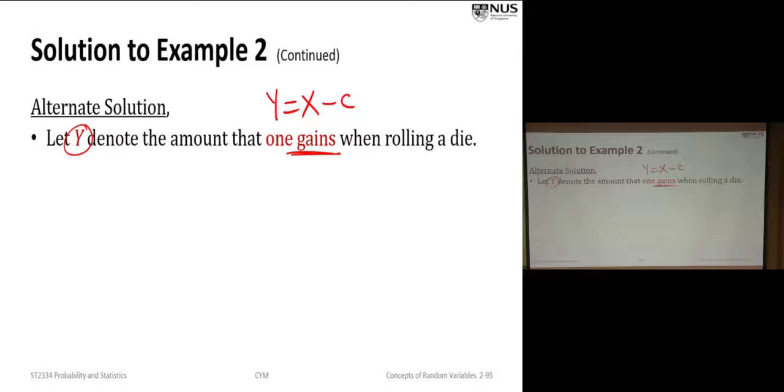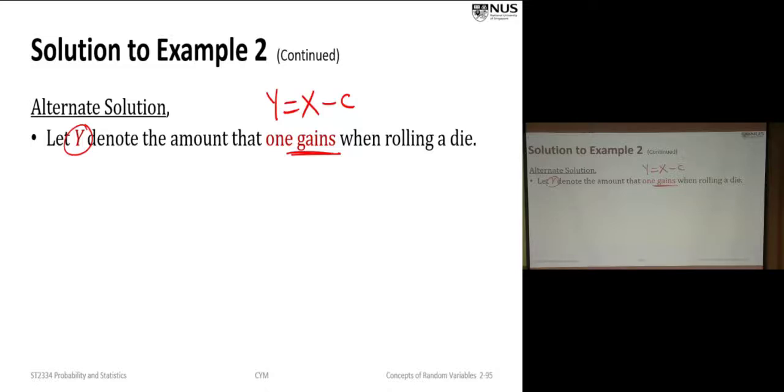Each time you play, you have to pay this amount, C dollars. So C is a constant. How about Y? Is Y a random variable? Why do I have to ask this question? Because if it's a constant, you don't have to do so much work. A constant will always be the same value. So is Y a random variable? Of course, it is a random variable.